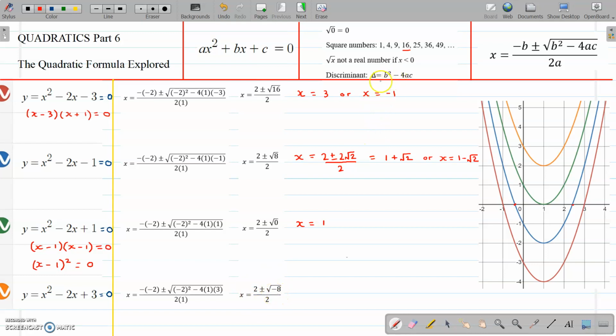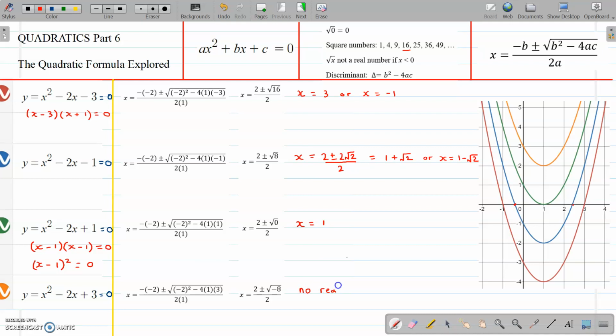If you have a negative number under the square root symbol, you can't evaluate it. There's no real number answer to the square root of -8. And that's the clue that this particular quadratic equation has no real solutions or no real roots.